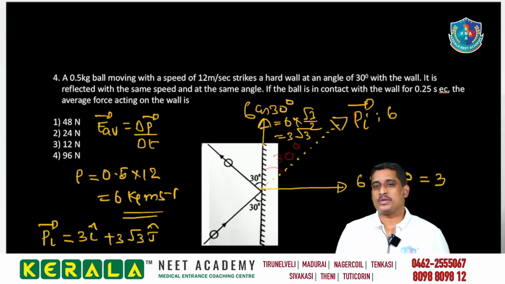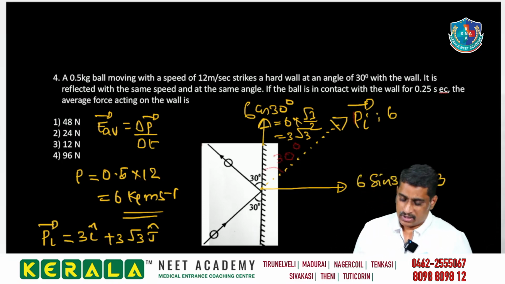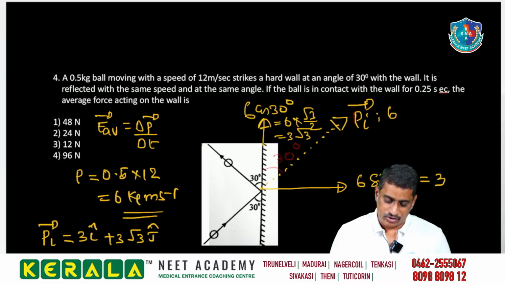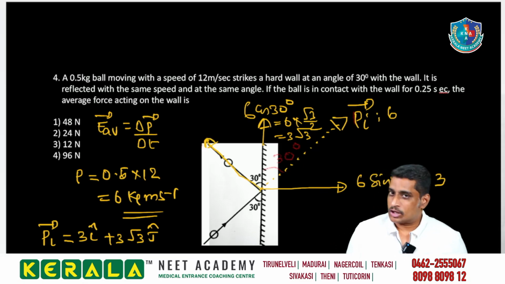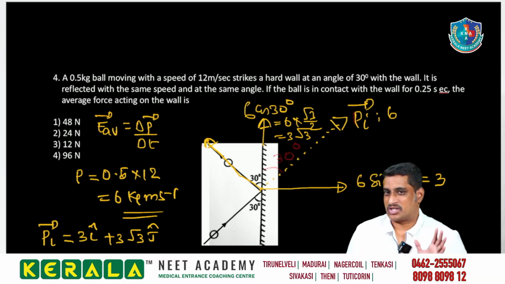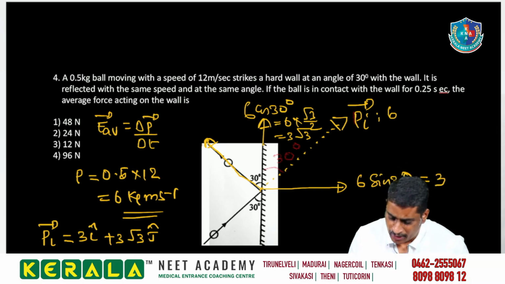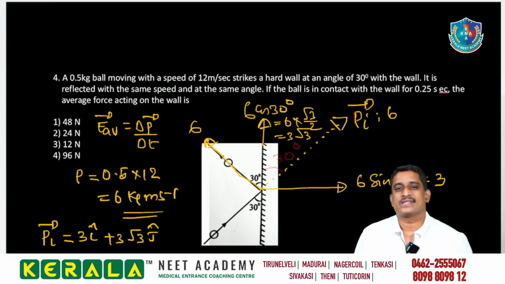This is the initial momentum of the particle before collision. After collision, if you look at the diagram carefully, that particle is moving in this direction. After collision also it is given, it is moving with the same speed, which means it has the same magnitude of momentum. So the magnitude of momentum of this particle after collision also will be 6.